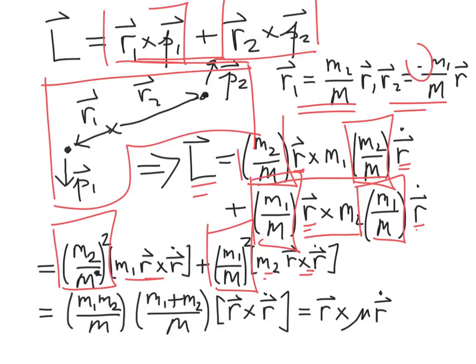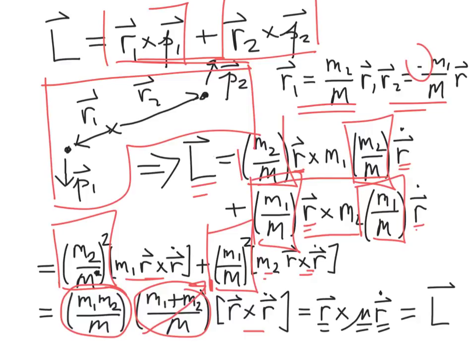And it turns out again that this combination of masses gives us m1 m2 over capital M times the sum of the masses over the total mass, which is just 1, and all of that is going to be times r vector dot. In other words, the total angular momentum for the system is going to turn out to be just r vector times the reduced mass mu times r dot vector.